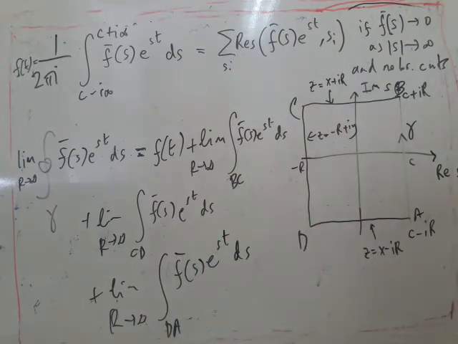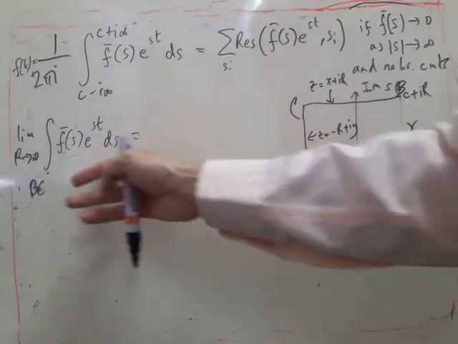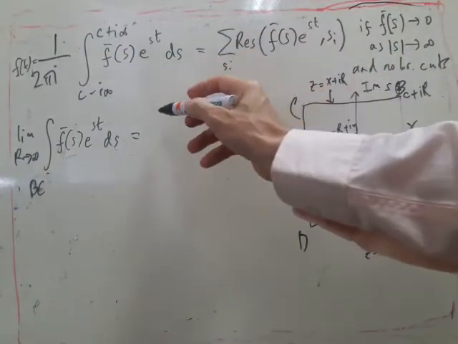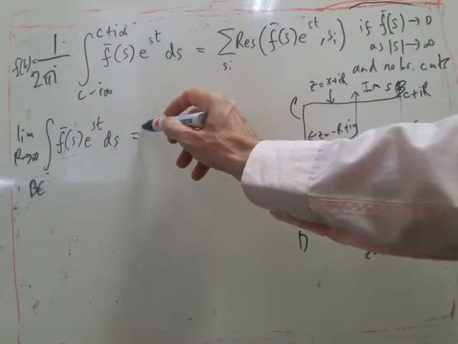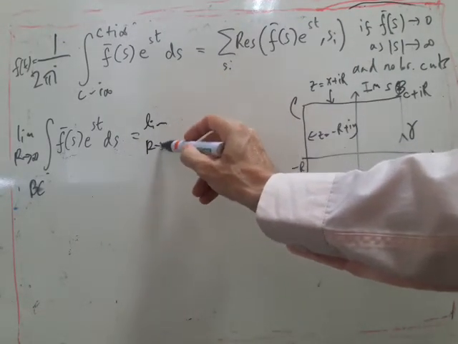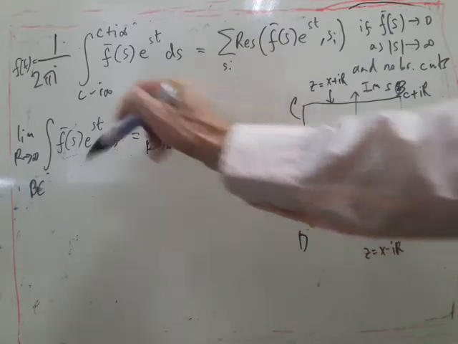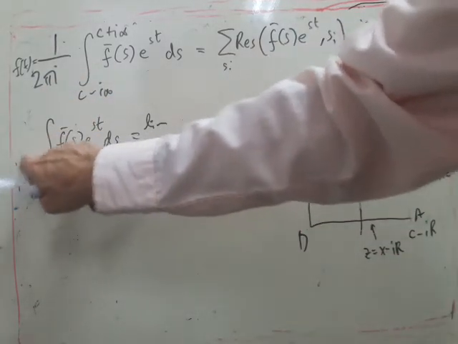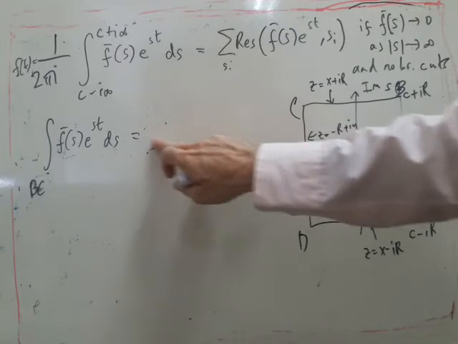I want to prove that each of these three integrals tends to 0 as R goes to infinity. So this first integral along BC, what is that actually? I don't have to write the limit each time.